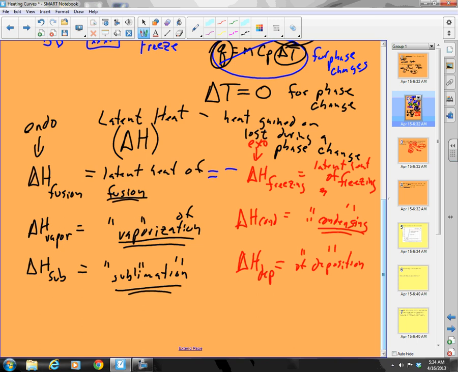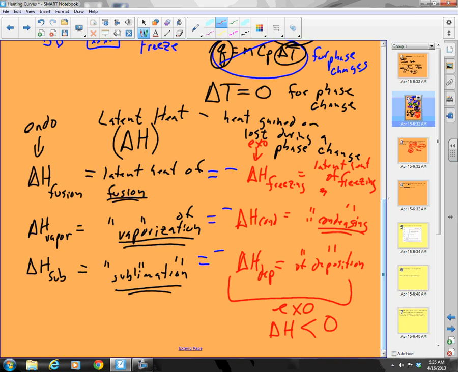The heat of vaporization is equal to the negative heat of condensation, and the heat of sublimation is equal to the negative heat of deposition. All right, you guys have all of that? Cool. And by the way, since these are exothermic, their delta H's are always going to be less than 0.